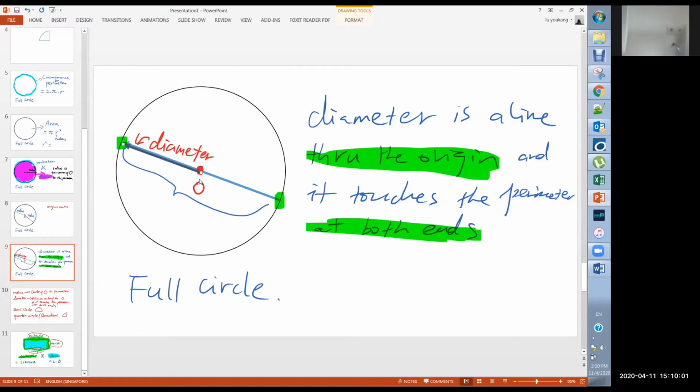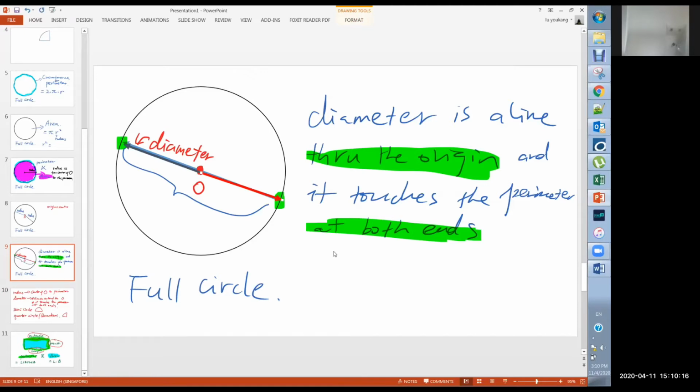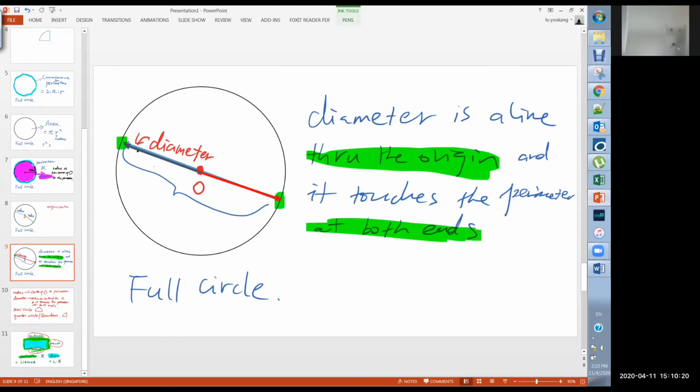Can you see that your diameter is actually... now you know what I want to say now? What do you see now? What's your black line? Can you spot the black line?